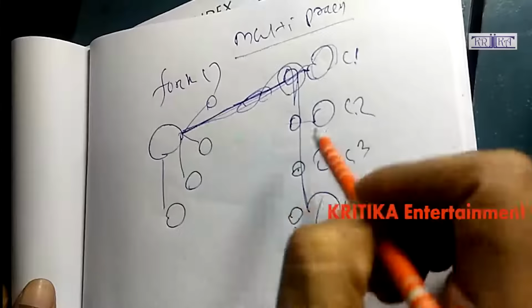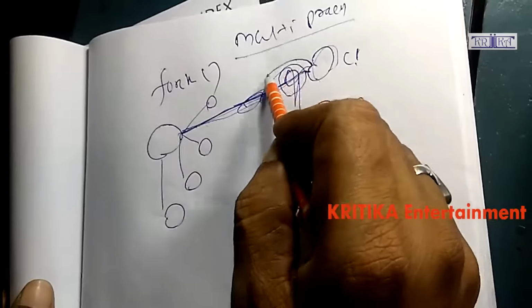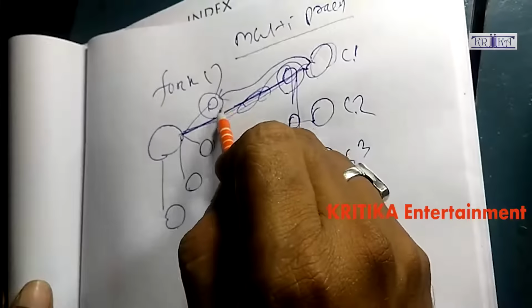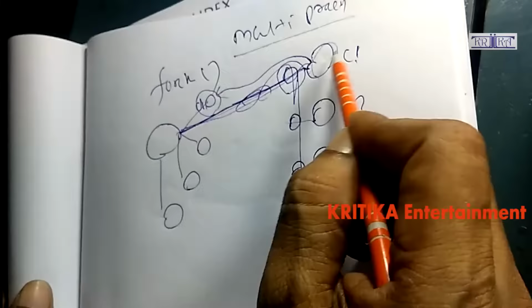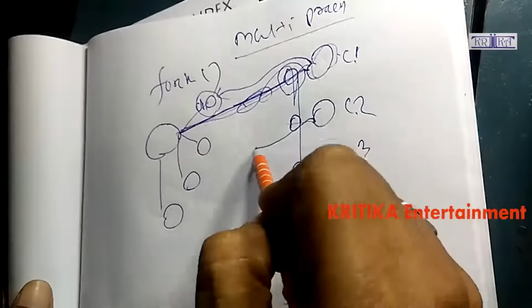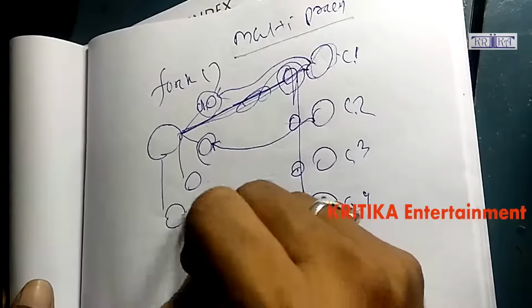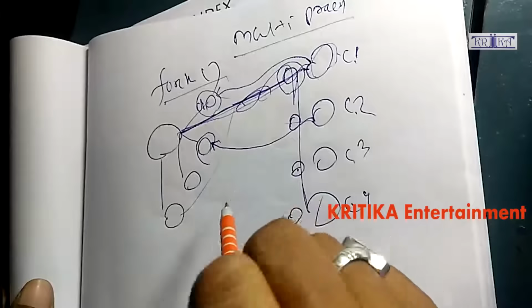When C1 sends a request, the server allocates the C1 process for client 1. Then when C2 tries to connect, the server allocates the C2 process. All these processes are done by the fork function.